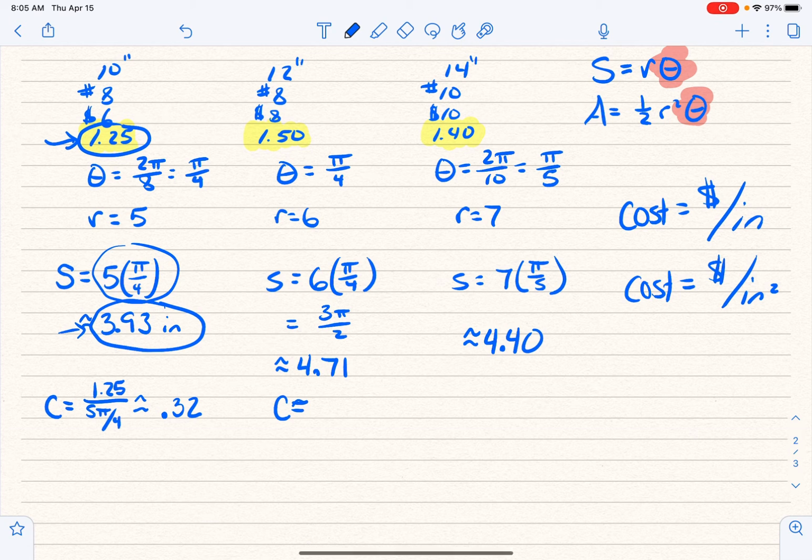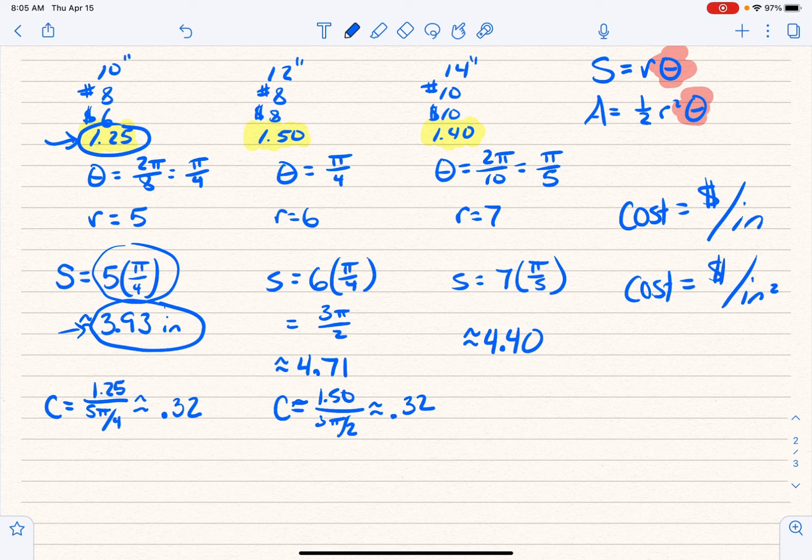The cost is going to be $1.50 divided by 3 pi over 2. So again, I put that into the calculator, 1.50 divided by, open parentheses, 3 pi divided by 2, close the parentheses, hit enter, and I get the exact same price. Again, I'm going to approximate it to 0.32.